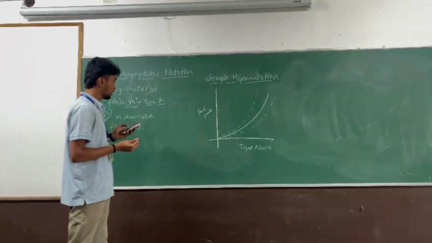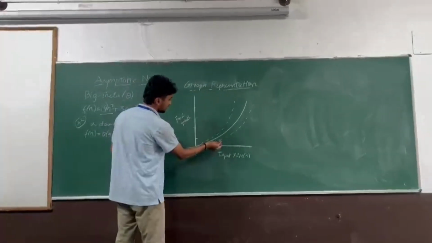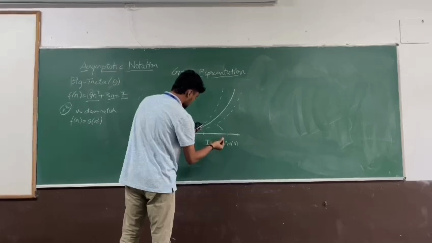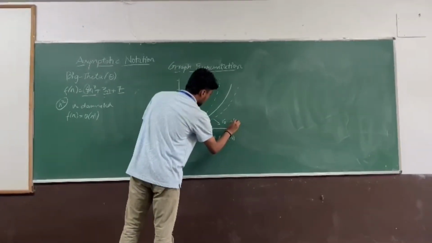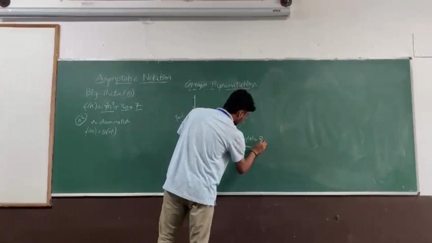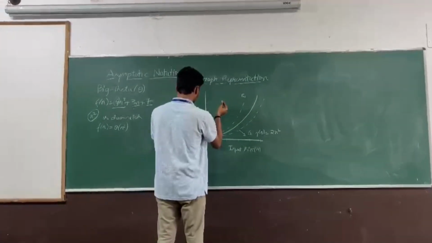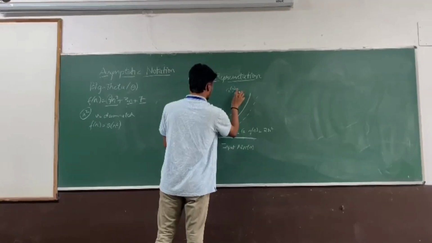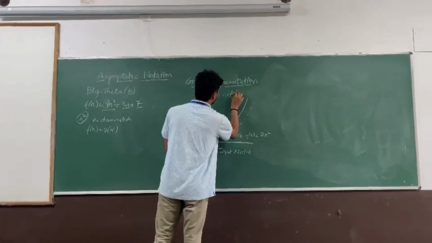As we come to the graph representation, this represents the lower bound, and we can write the lower bound as c2 dot g of n, and the upper bound represents c1 dot g of n.